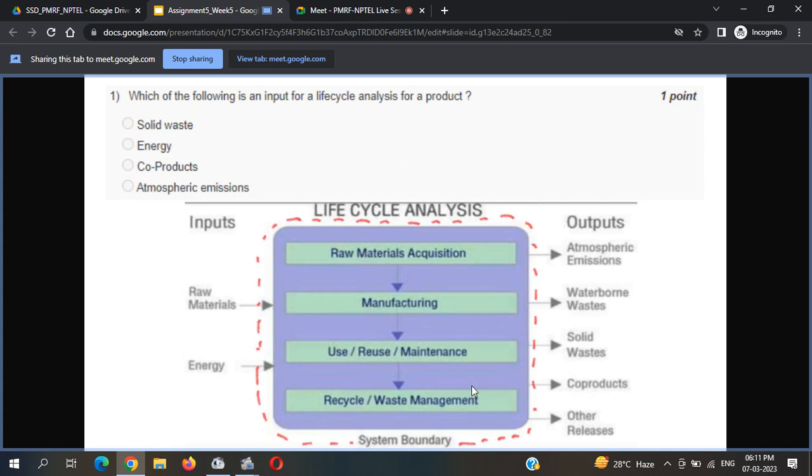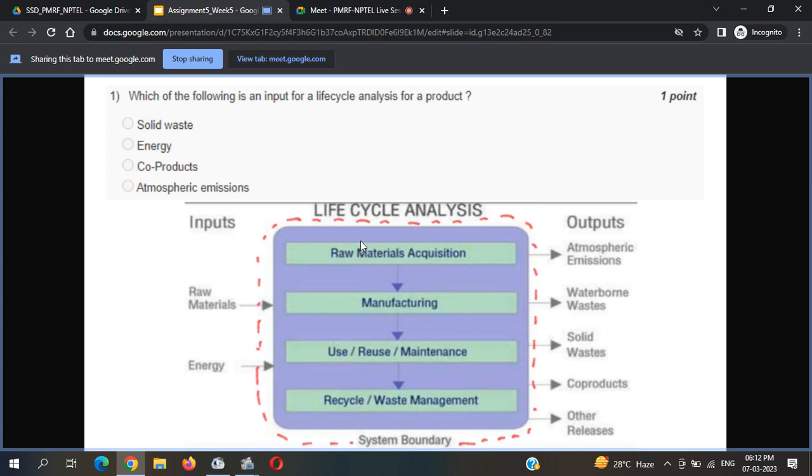And then after the period of the product's use ends, then we come down to recycling or managing the waste, which comes at the end of the product life cycle. So this is what is the system boundary of the product. Within it, we have to put some inputs, and at the end of its life cycle, we get some outputs from that product.